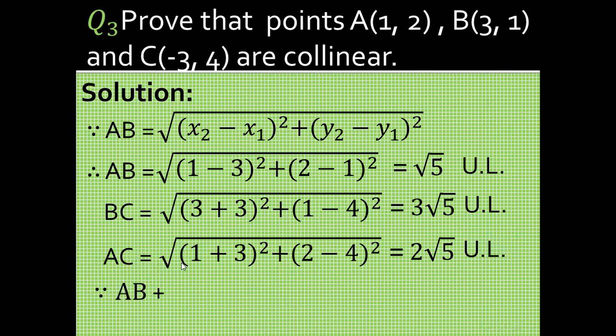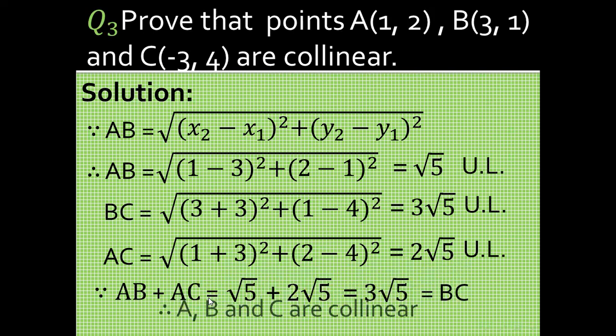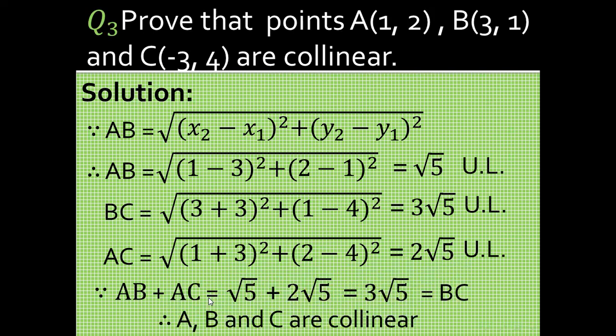Since AB plus AC, the two smaller line segments, their sum equals the greatest line segment 3 root 5. Since AB plus AC equals BC, 3 root 5, then A, B, and C are collinear.